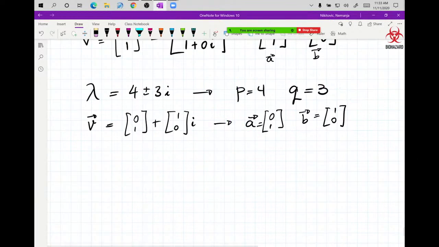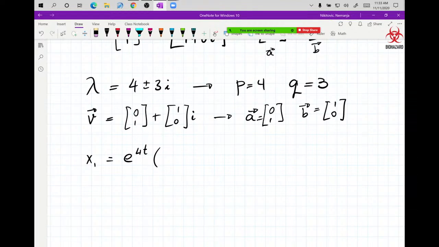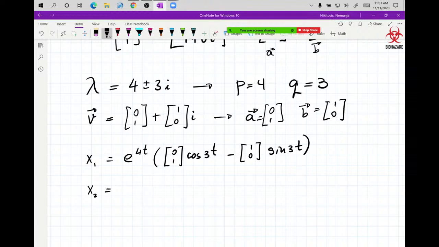My solution now is x1 is e to the pt, so e to the 4t, and then you have your a cosine qt, so 0, 1 cosine 3t, minus b, 1, 0, sine 3t. x2 is e to the 4t.